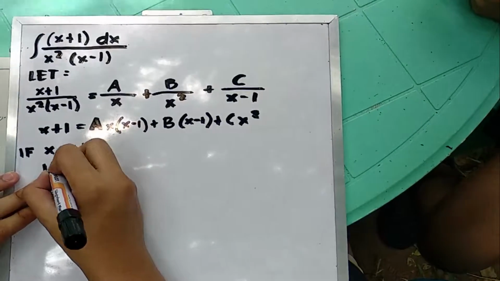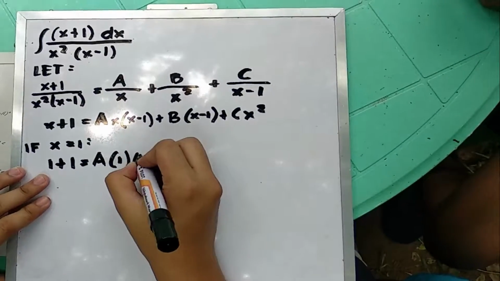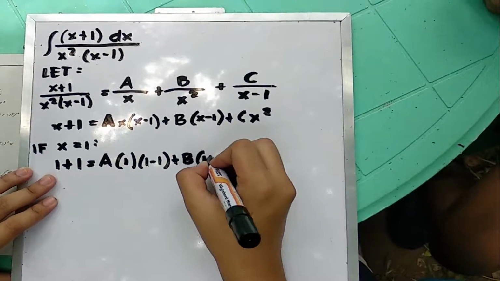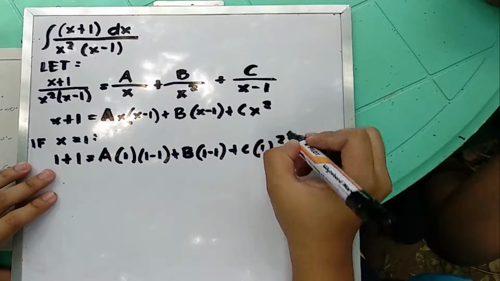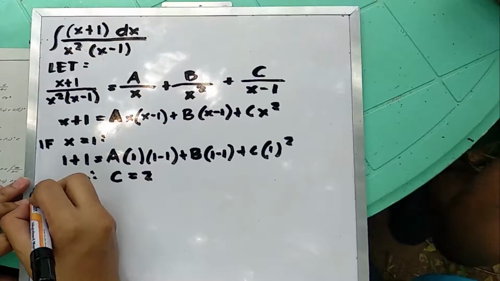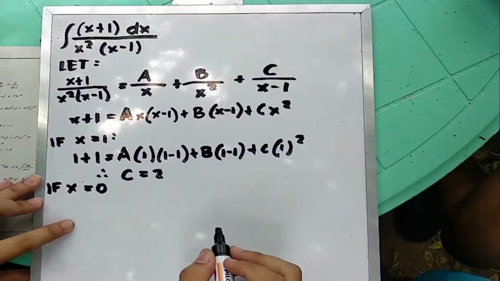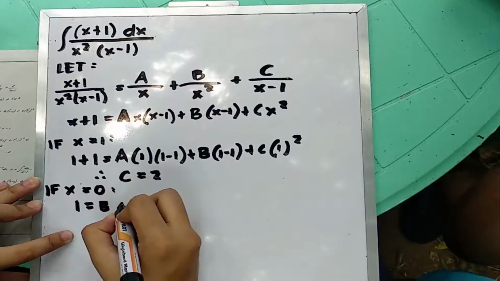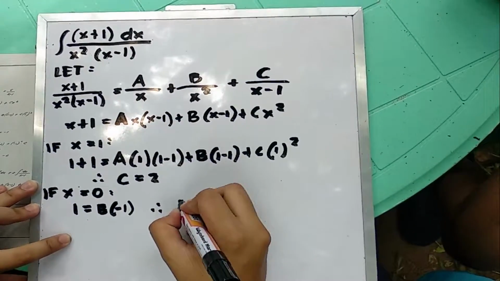If x is equal to 1, then 1 plus 1 is equal to A times 1 times (1 minus 1) plus B times (1 minus 1) plus C times 1 squared. Therefore, C is equal to 2. If x is equal to 0, then 1 equals B times negative 1, therefore B is equal to negative 1.